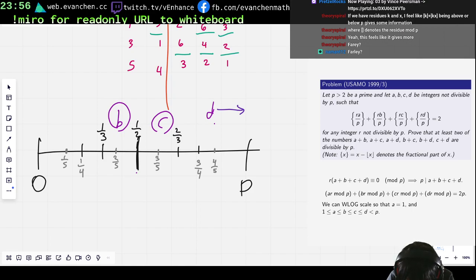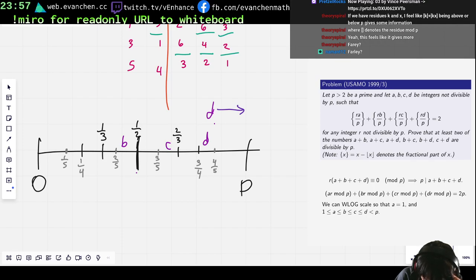Right, because if C was on, oh no. Why can't I have this picture where B is here, C is here, and then D is on here? What's the statement I'm trying to prove? What's the statement with the floors that I had?